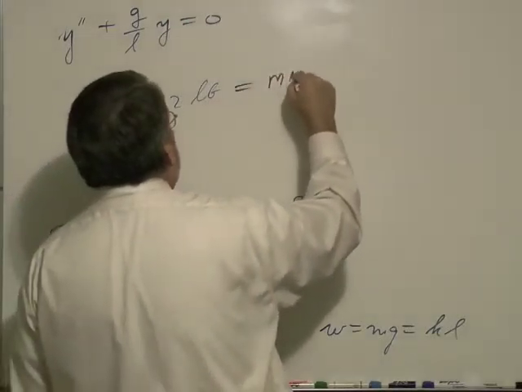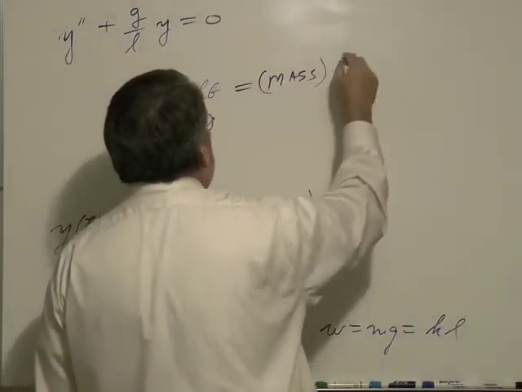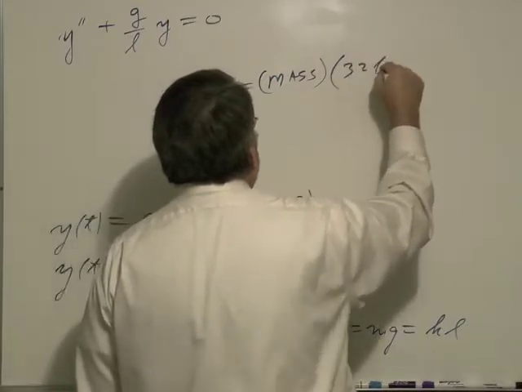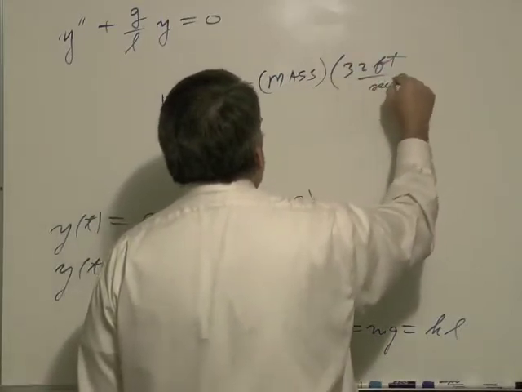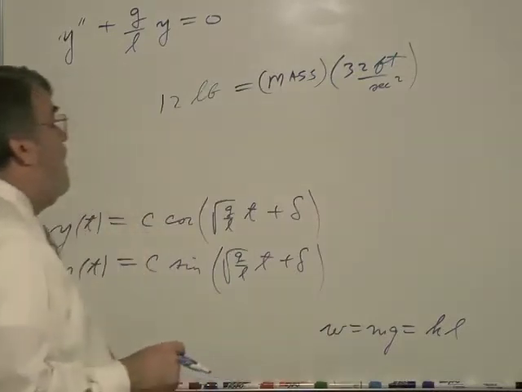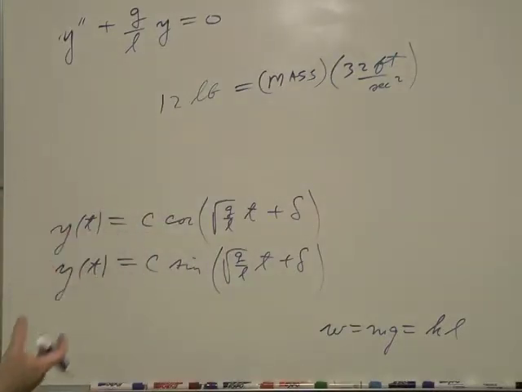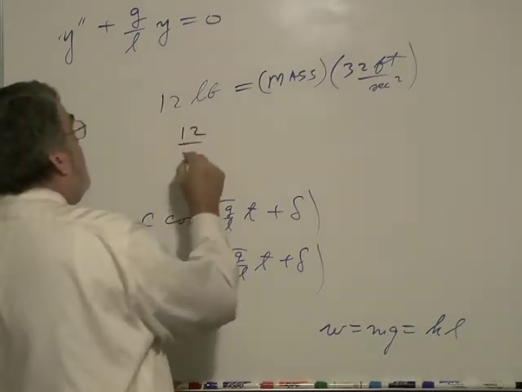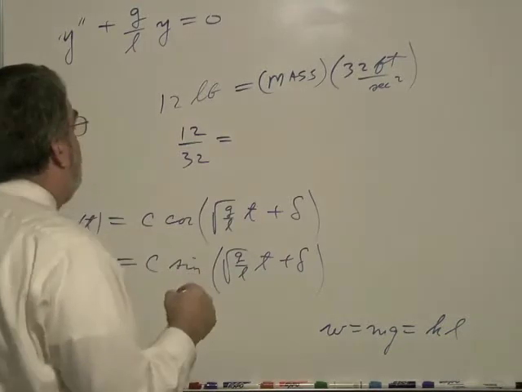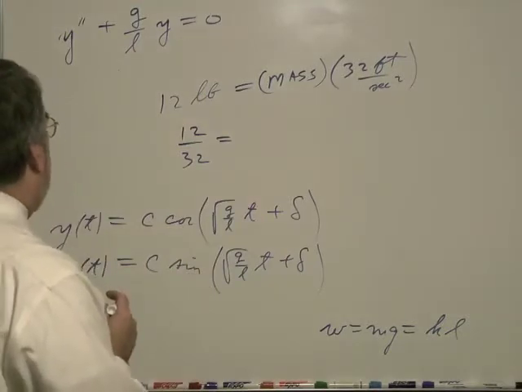We have mass times acceleration. Gravitational acceleration is 32 feet per second squared. And so if we divide by 32, we get the mass. So 12 over 32, which is, what is that, 3 eighths?